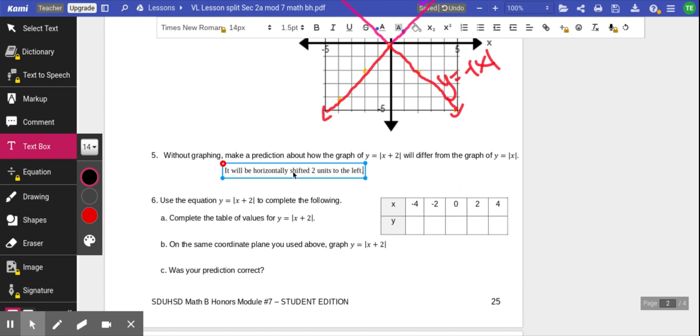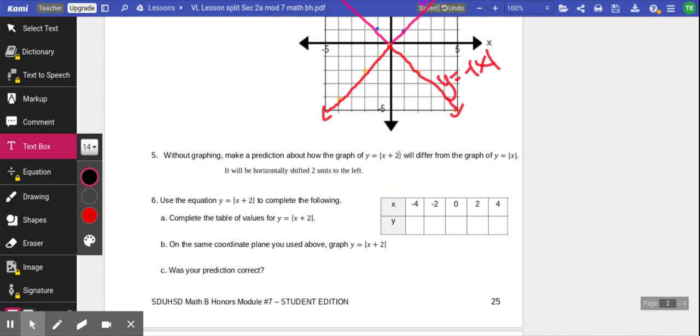Now that is often not intuitive for people, but you have to think here, what makes this 0 is when x equals 0. What makes this 0 is when x equals -2. So my bottom vertex is going to move to -2, which means it's shifting to the left.